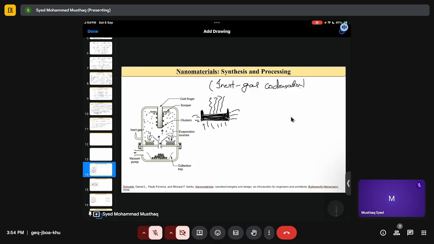See, this is my vacuum chamber. Let me draw everything. Let's say this is my chamber. It is completely closed. Now what I'm trying to do is heat my inorganic material.